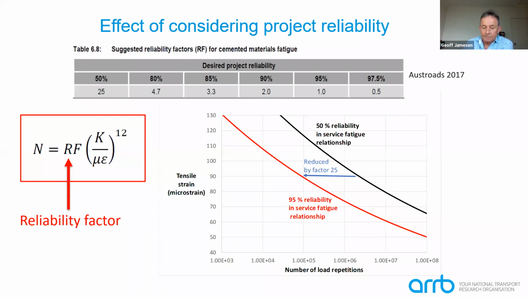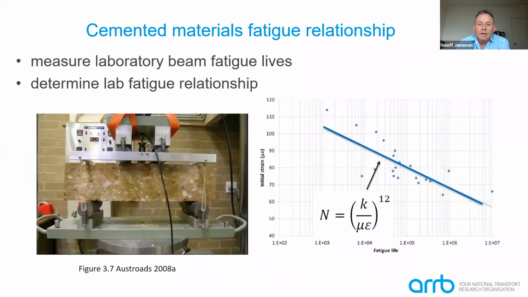So in terms of developing a fatigue relationship for cemented materials, there's a process that we have of testing beams in the laboratory to determine a laboratory fatigue relationship. And from that, you can calculate an in-service fatigue relationship. So shown here is some results of the laboratory testing.